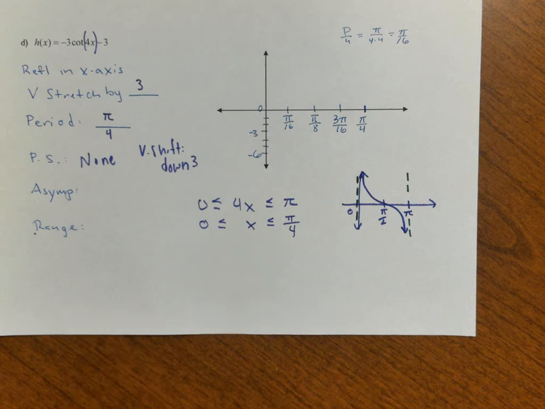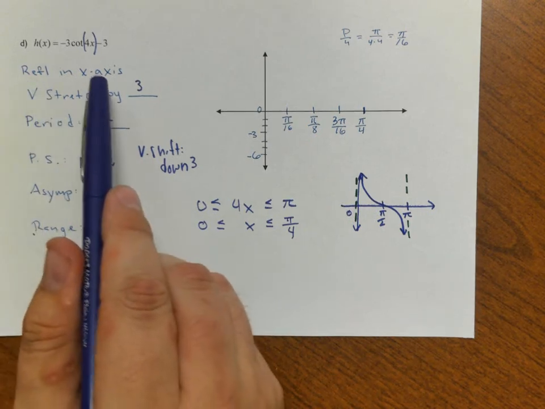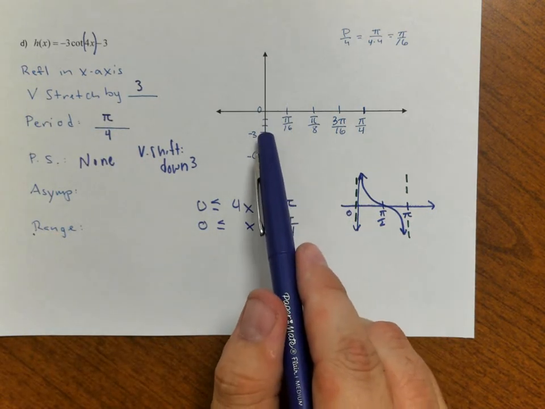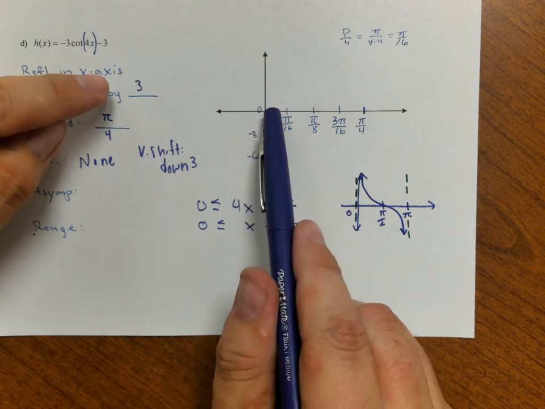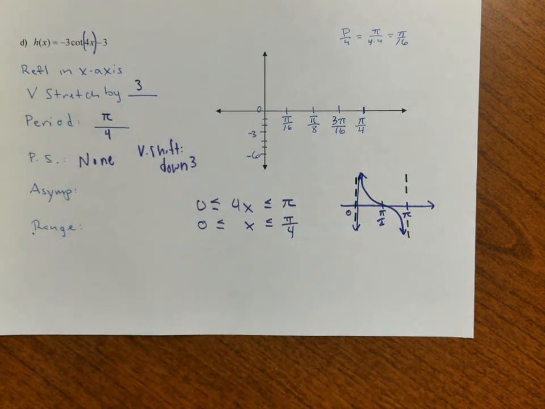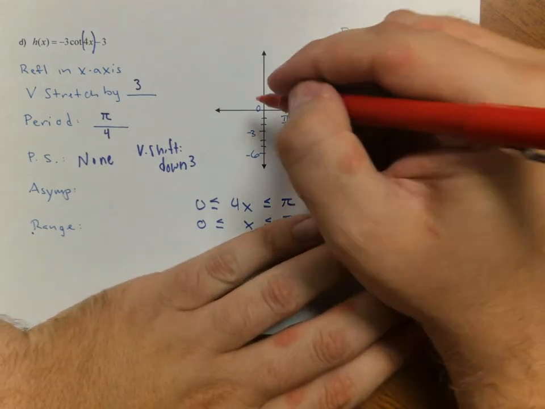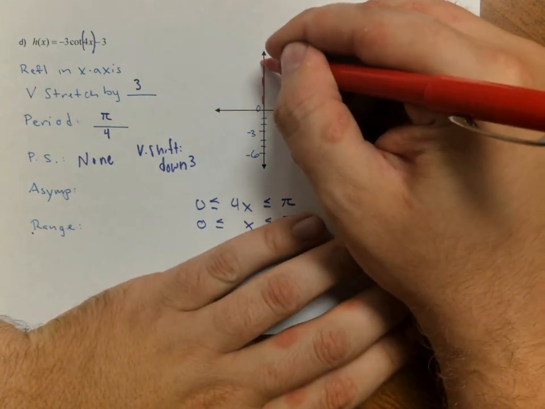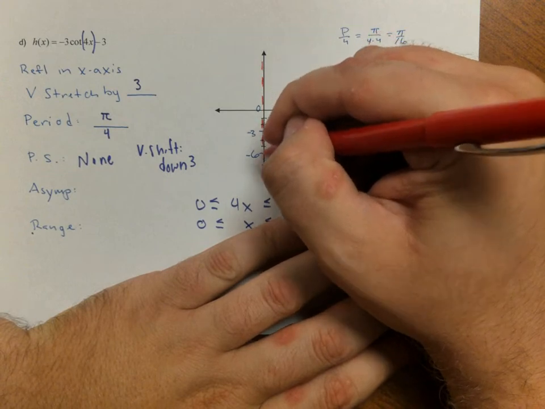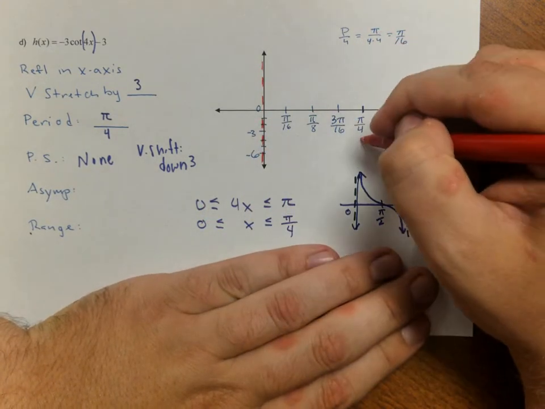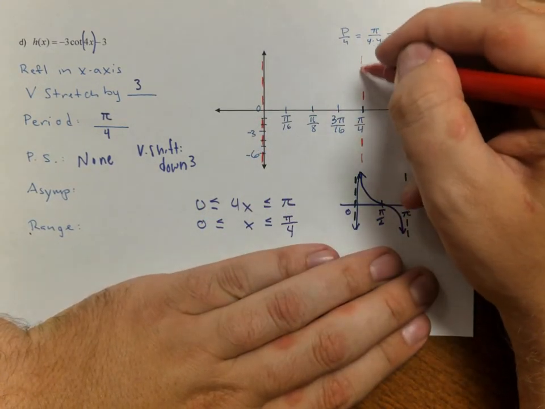So I've got my x-axis set up. My y-axis, again, I shifted down 3 units. I need to go up and down by whatever that stretch is. I'll plot my asymptotes. They're at 0 and pi over 4. That's what my bookends tell me.